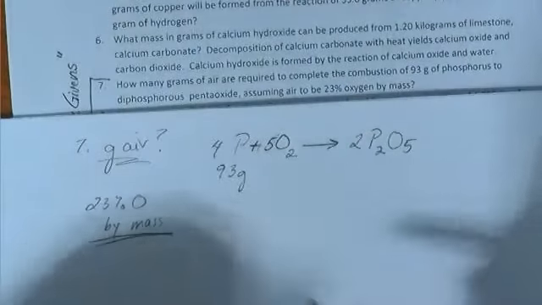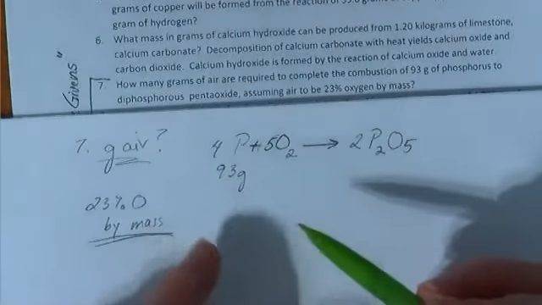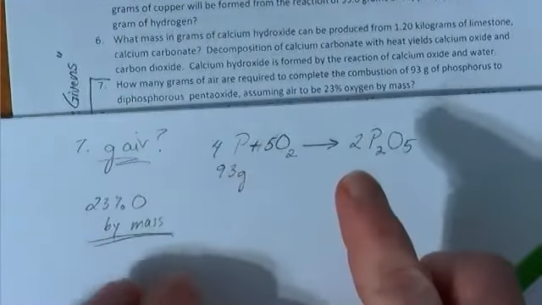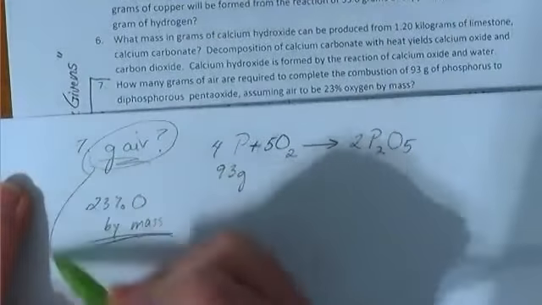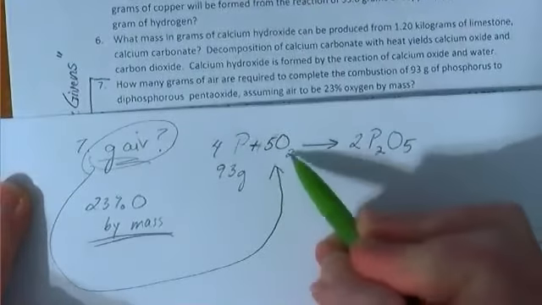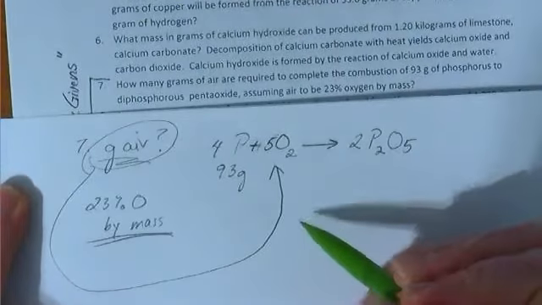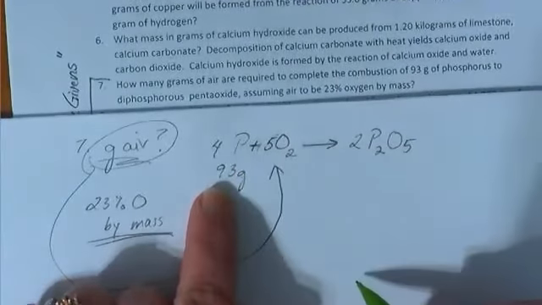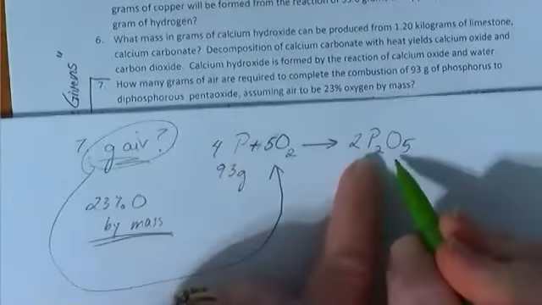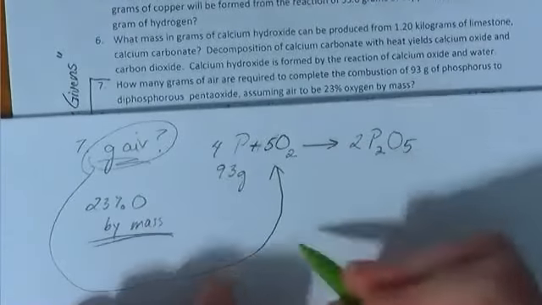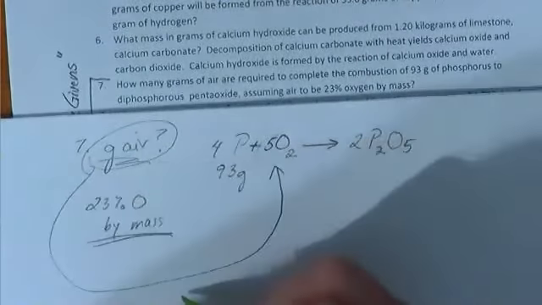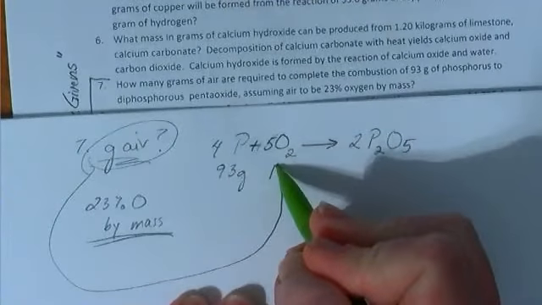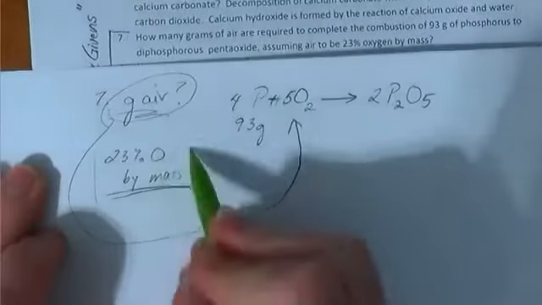So, okay, how many grams of air? Well, where on earth is air in this? Oh, that must be the source of my oxygen. Okay, so I have 93 grams of phosphorus, and I know that I'm trying to make this, but the question is, how many grams of air will be needed to supply the oxygen? Well, what else am I given?